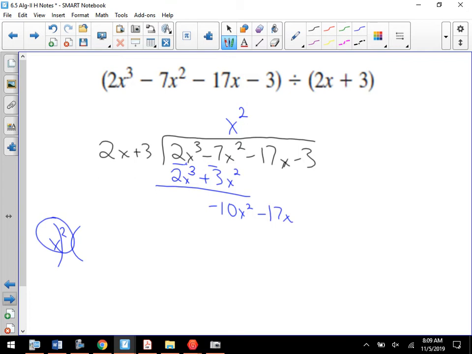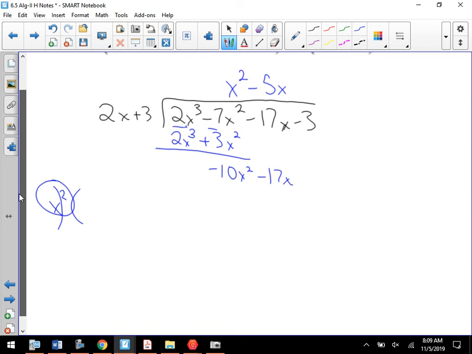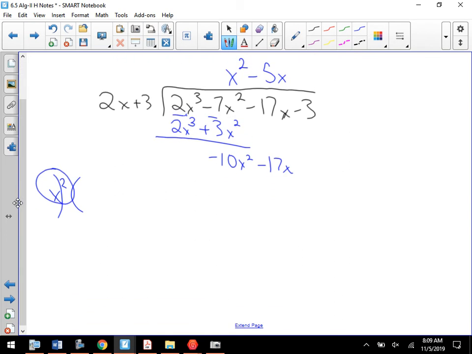What do I multiply the 2x by to turn it into a negative 10x squared? Negative 5x, good. So multiply by negative 5x. Distribute to the term on the outside. We get negative 10x squared.